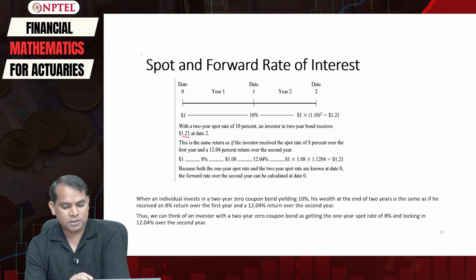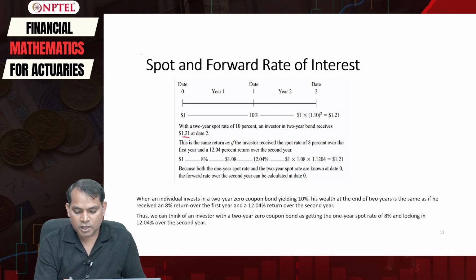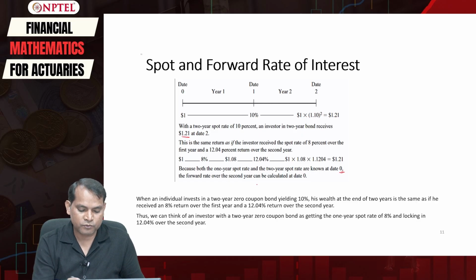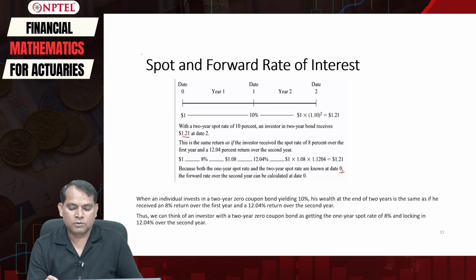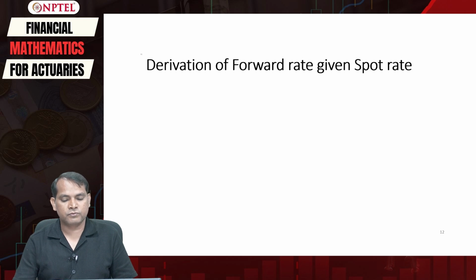Because both the 1-year spot rate and the 2-year spot rate are known at time 0, the forward rate over the second year can also be calculated at time 0. So these simple numerical examples enable us to understand how to compute the spot rate and the forward rate. Let us look at it more formally, and let us also derive the forward rate given the spot rate.